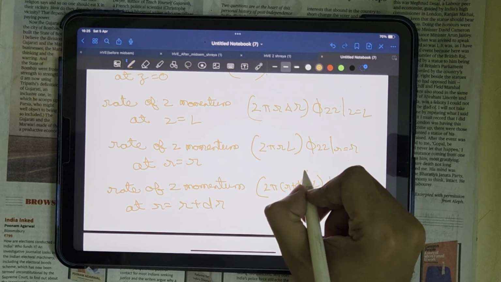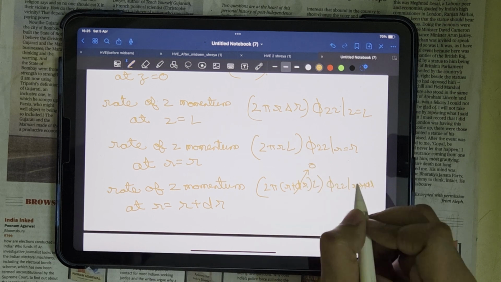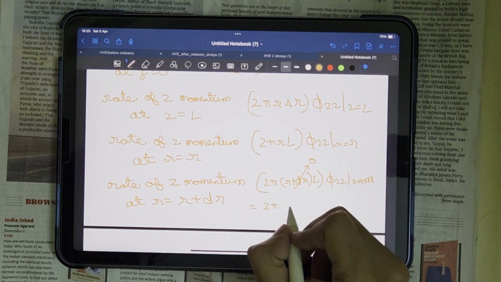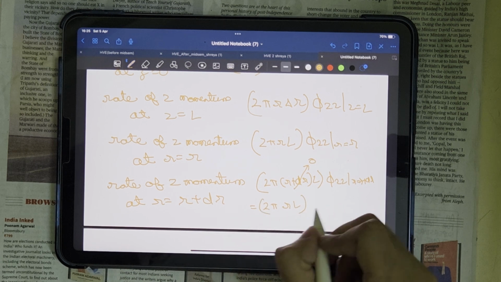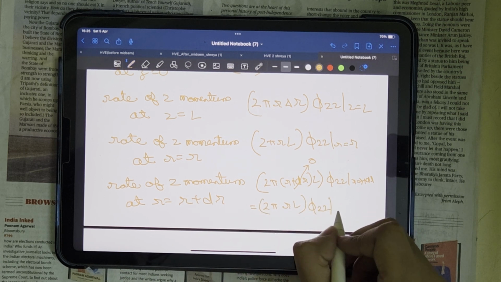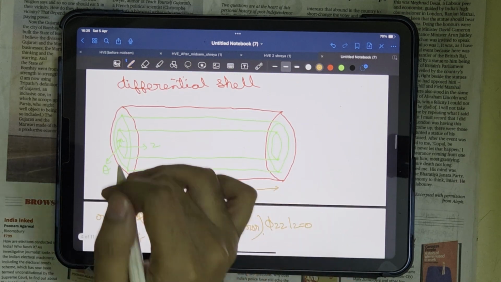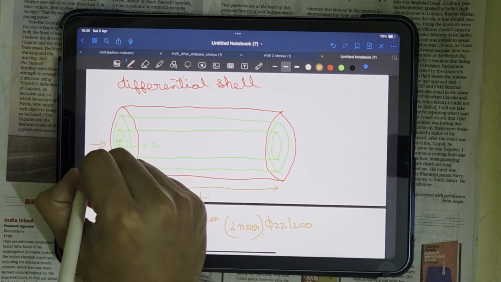This dr is very small and we can neglect this, so this eventually becomes 2 pi r n pi z z r equals 0. Basically this is pi z z.